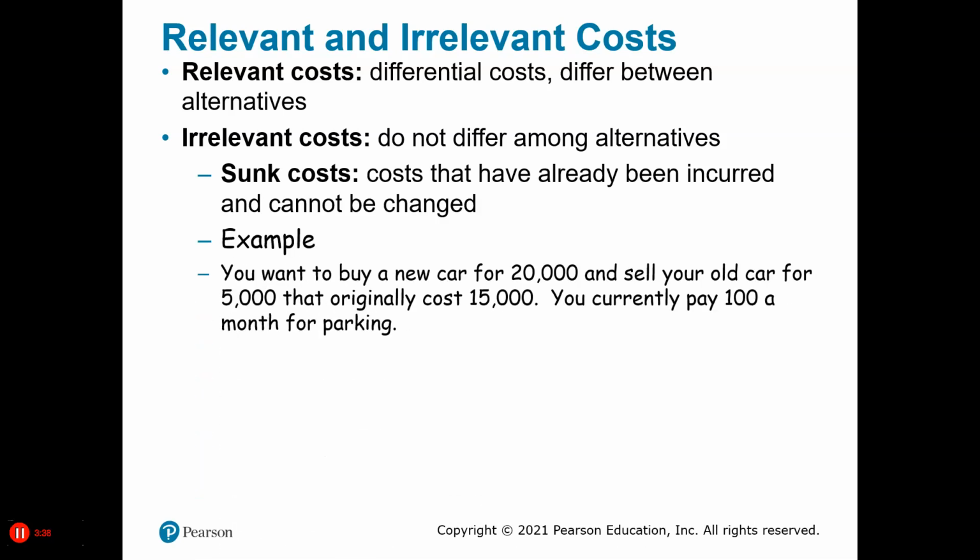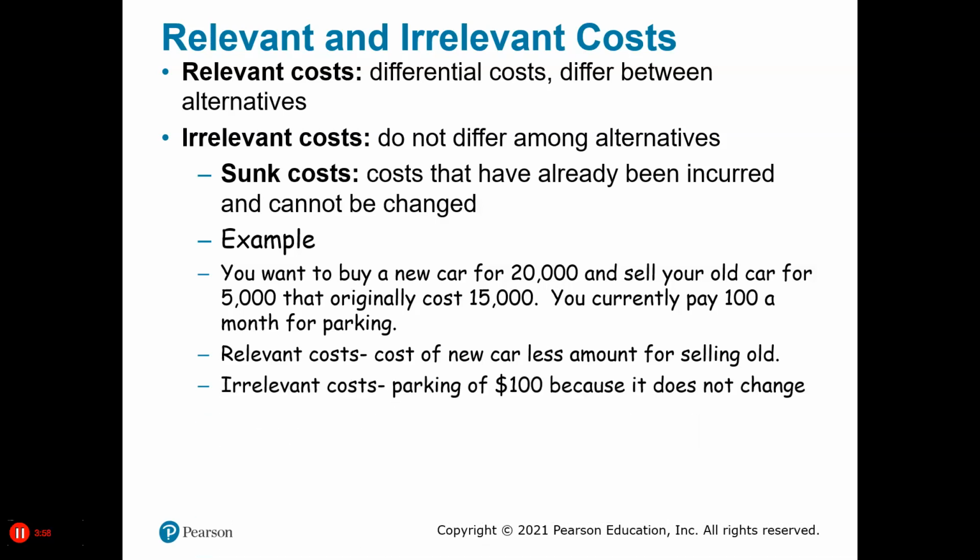For example, if you want to buy a new car for $20,000 and you can sell your old car for $5,000, which you originally paid $15,000 for, and you currently pay $100 a month for parking, the relevant costs are only the cost of the new car less what you can sell the old one for. Irrelevant costs are the parking, because you're going to pay that no matter what, and the sunk cost, which is the $15,000.